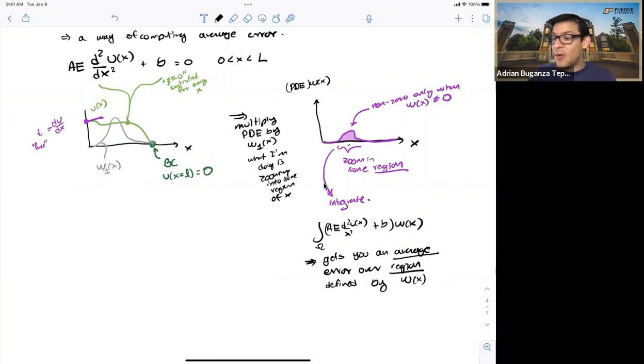One is that instead of looking at an error at every single x, we're using the W to get rid of some region, but not quite zooming into a single point, and then zooming into a smaller region, and then integrating to get an average error over that region.